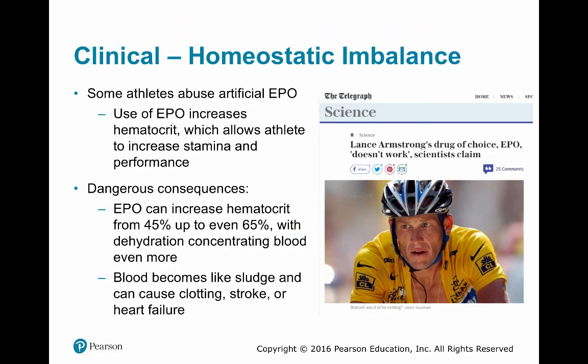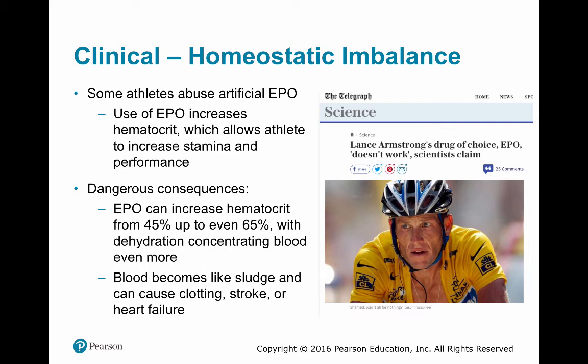Now, some athletes have been known to abuse EPO. If you look at Lance Armstrong, he won the Tour de France quite a few times, and they figured out that his drug of choice was EPO. Some scientists claim that it doesn't work; other people claim it does.